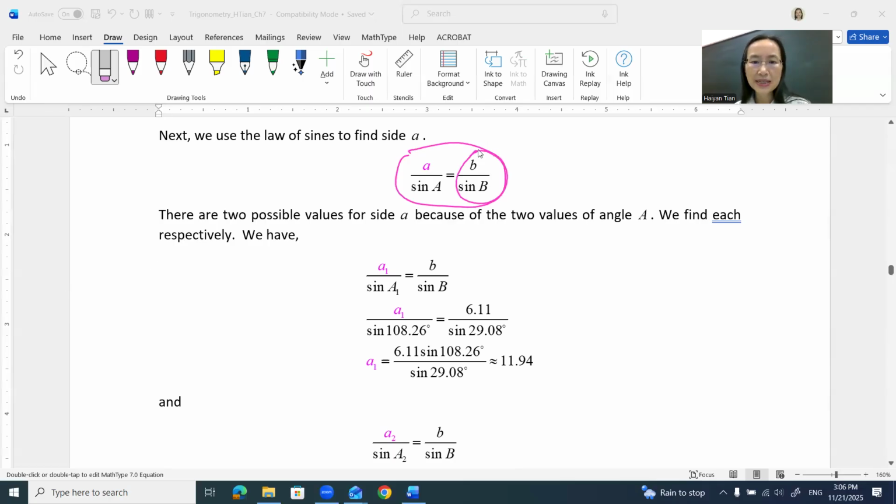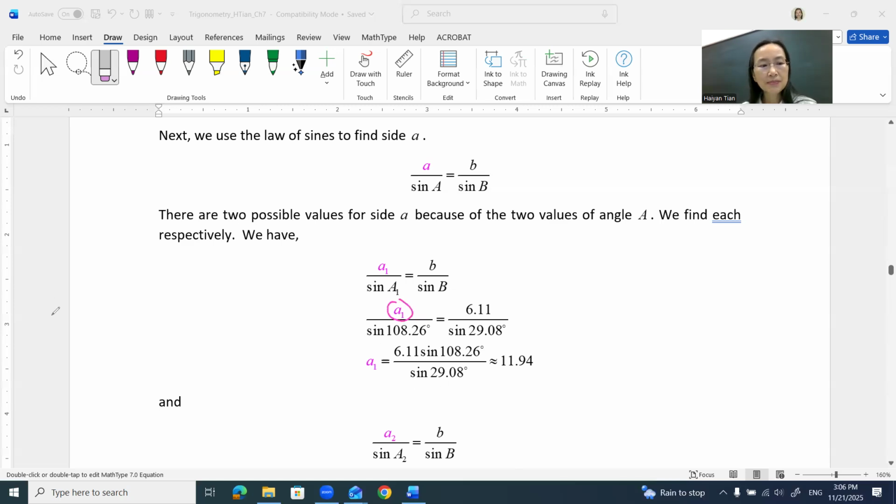So we use what is given here, and this A, of course, we have to use capital A, that's a result from our calculation.